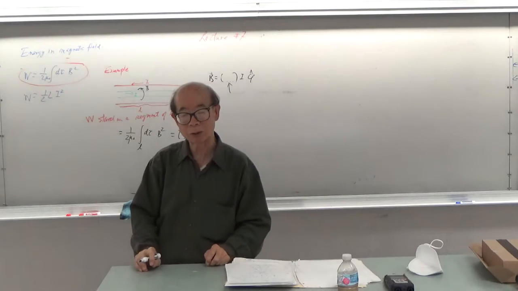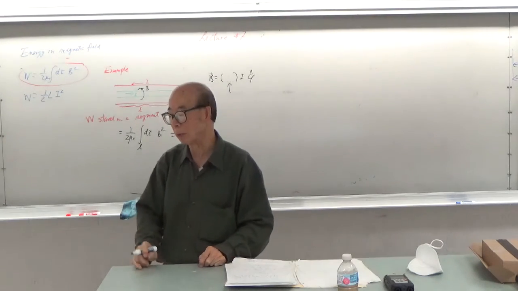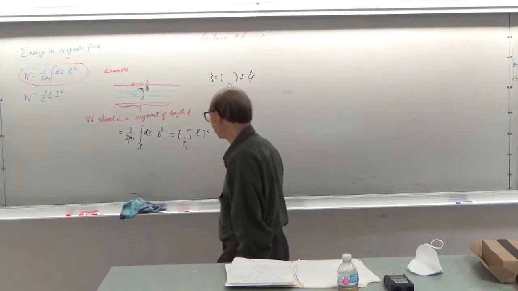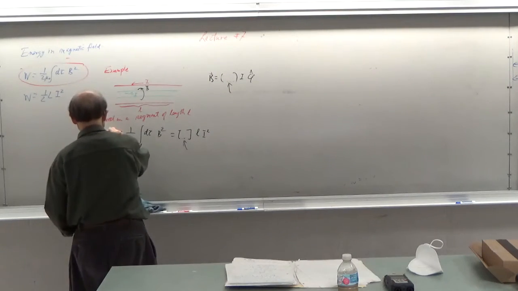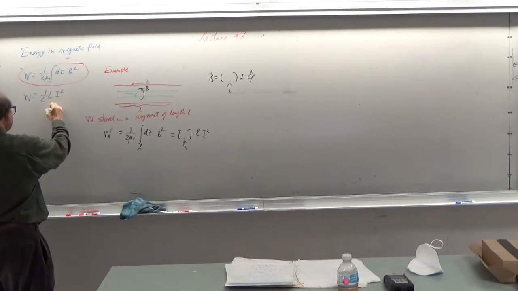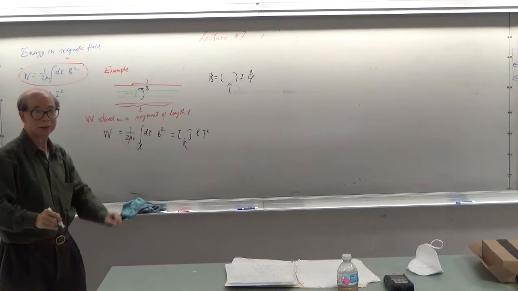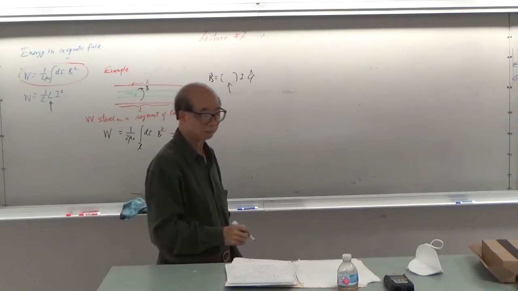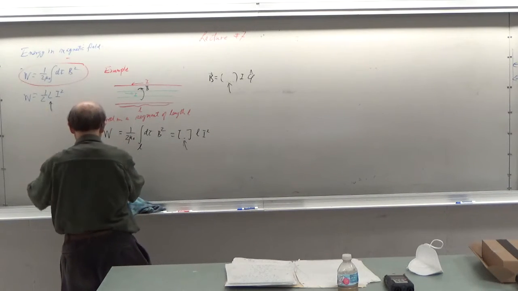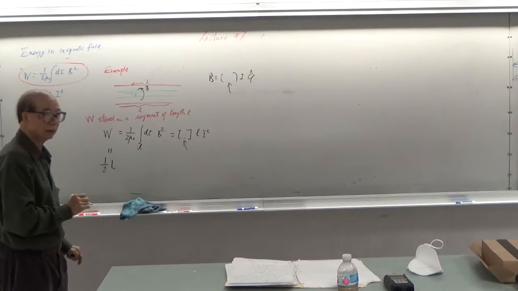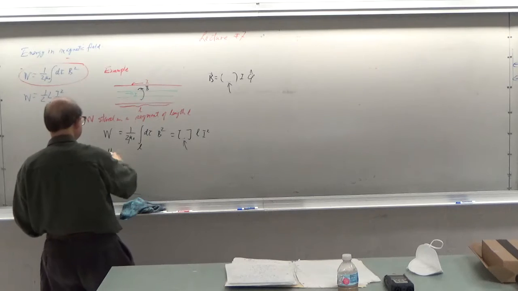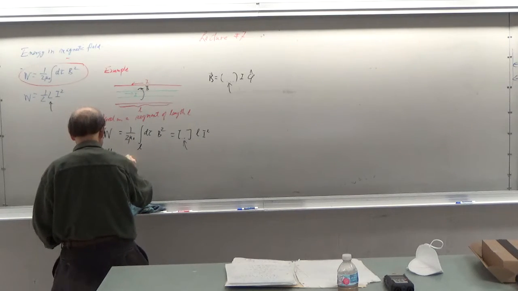And now comes an interesting point, which is why I want to talk about this example. Namely that we can use this result for W to find the linear inductance for this coaxial cable. Because W is equal to one half the self-inductance of this system times I squared.